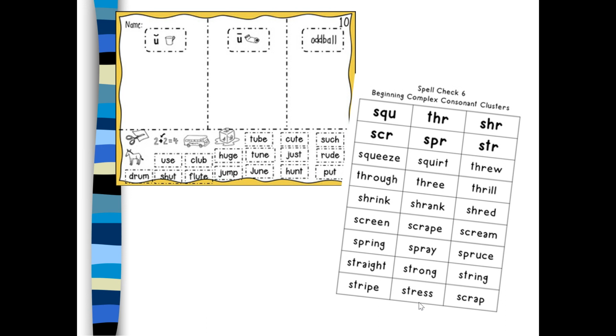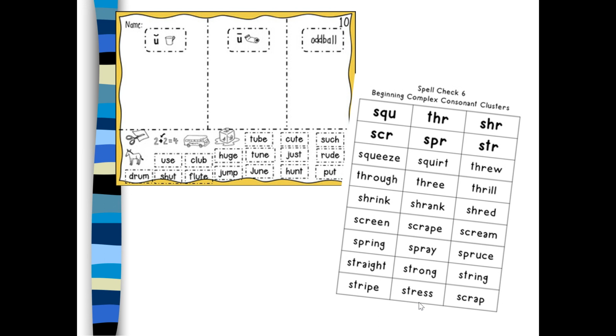For the one on the right with the SQU, THR, SHR, SCR, and so on, same thing. You would cut up these pieces into their smaller parts. The bolded letters, SQU, THR, and so on, those are your categories or your topics, and then have the words cut out into their parts and have the students sort the words based on what category they belong in.